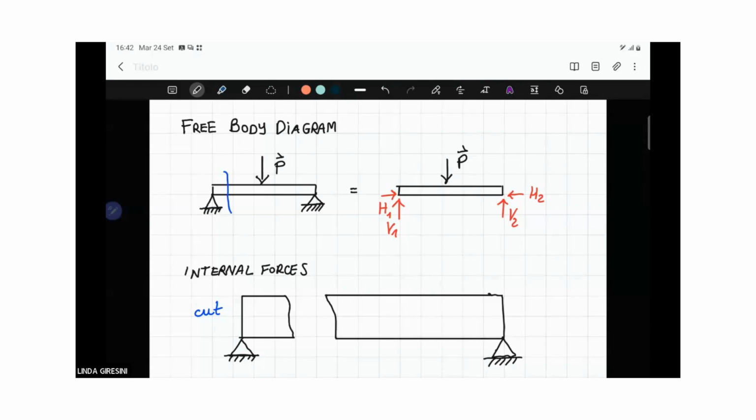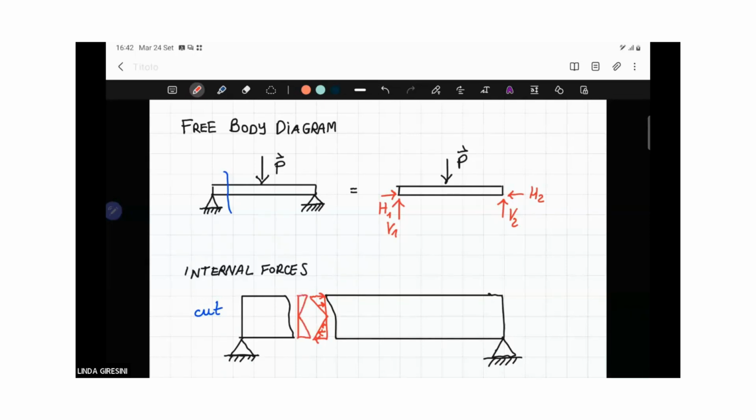And the forces in the interface of the cut, there will be two interfaces, will be called internal forces. So generally they are expressed in triangular shape like this. So we have two triangles like this. Sorry, this is the opposite. So like this.